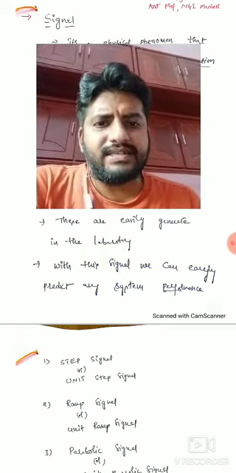Power signal, electrical signal, so it can transfer electrical power from one place to another. This is nothing but a signal, audio signal, video signal. These are the components which can carry information, right? Physical components which can carry information, right?